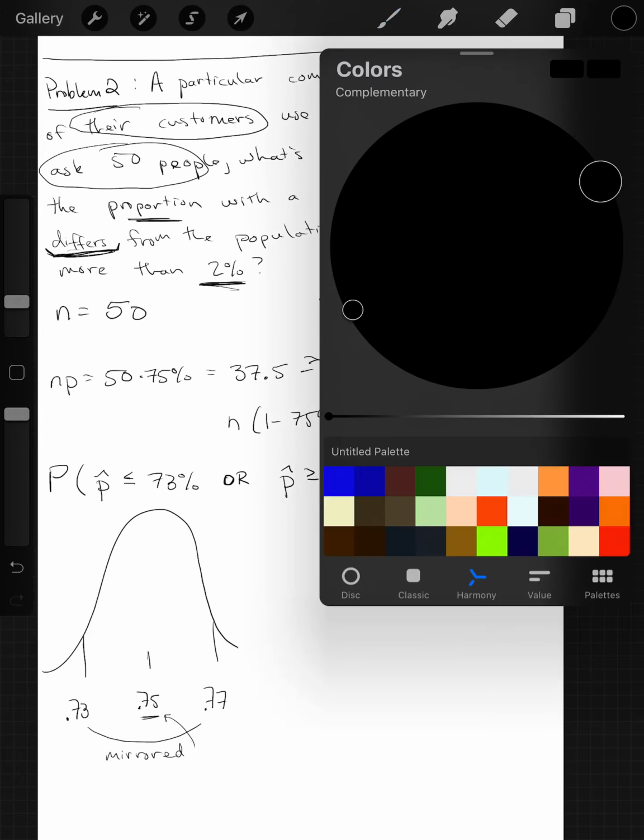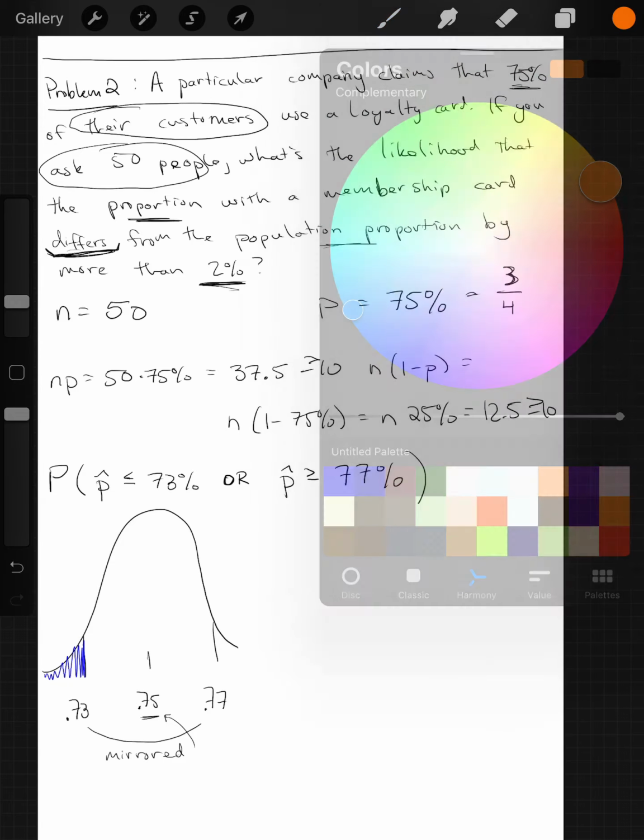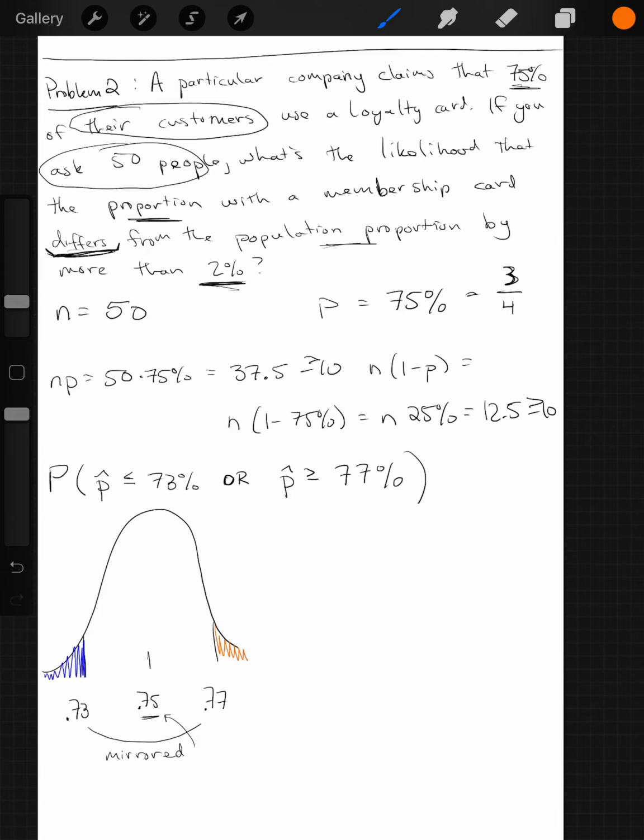So that tells us that this stuff has the same amount as this stuff. So these probabilities are going to be the same because these are mirrored, and anytime you have a differs from question, they're going to be mirrored like this.